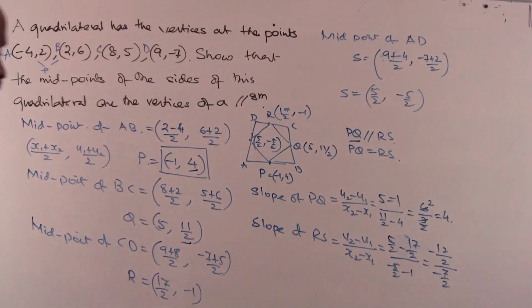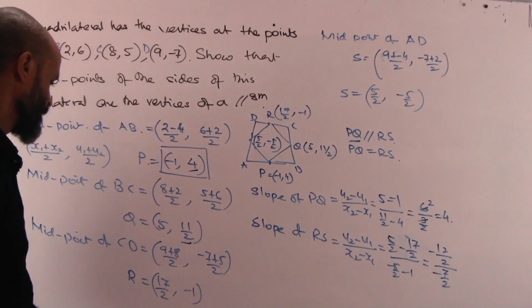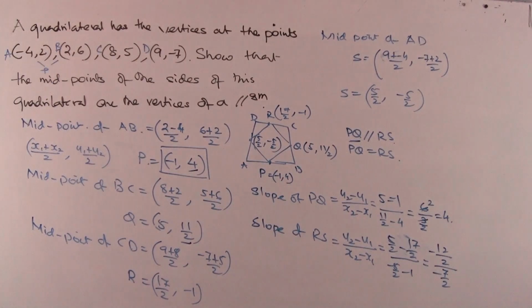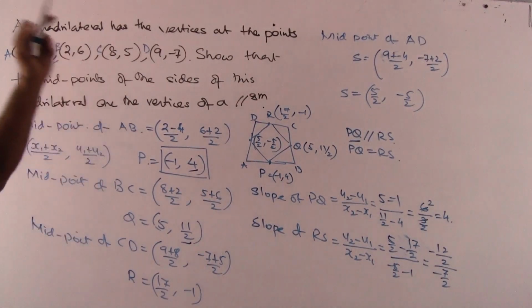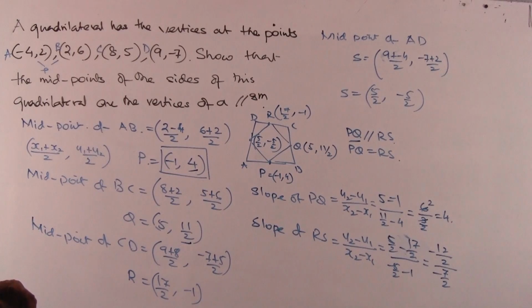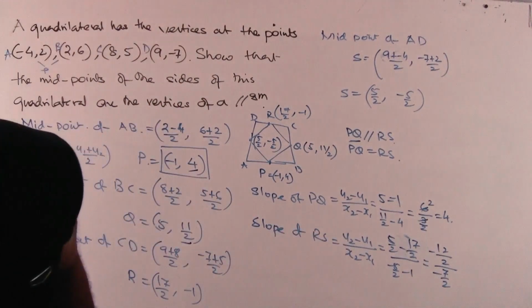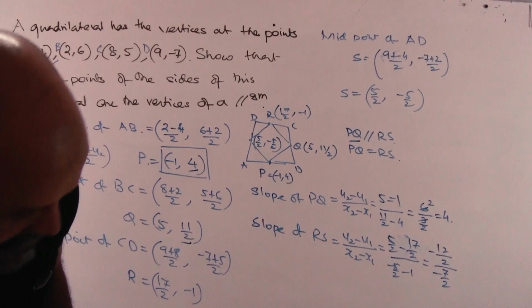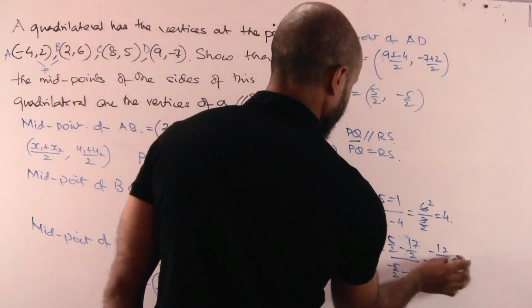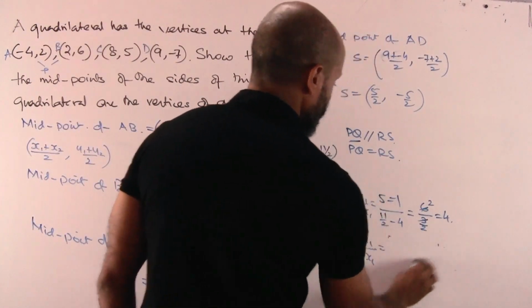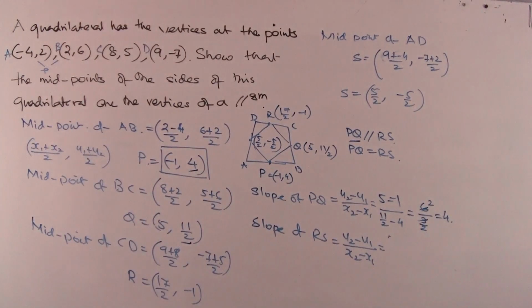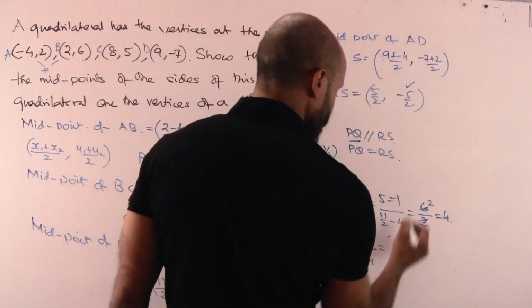We are going somewhere wrong. 17, midpoint of CD. Let's calculate here. We are going wrong here. We have to select y2 minus y1. So in this case y2 is minus 5 by 2. I am so sorry.